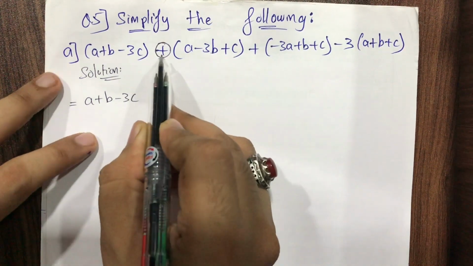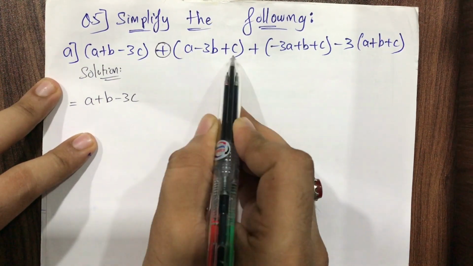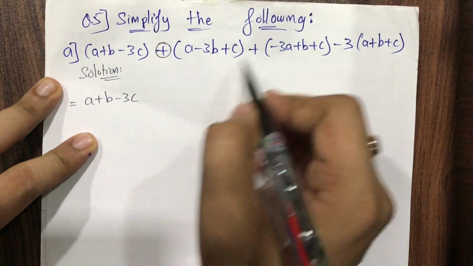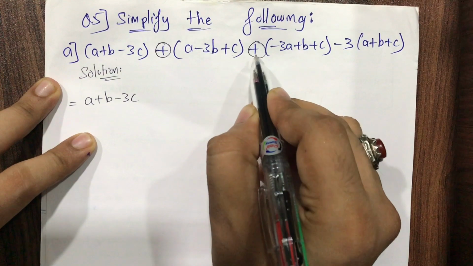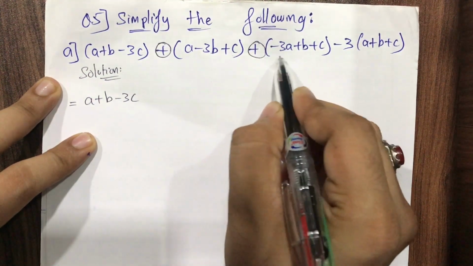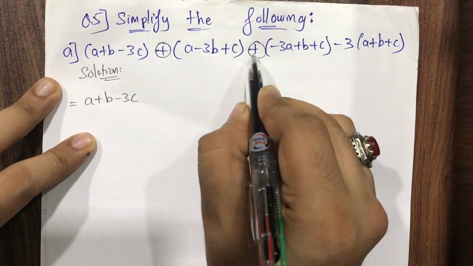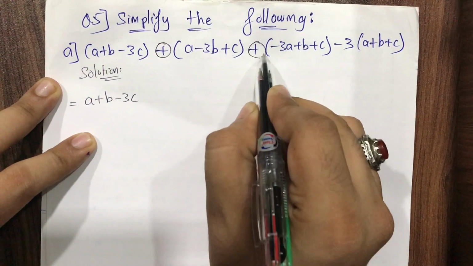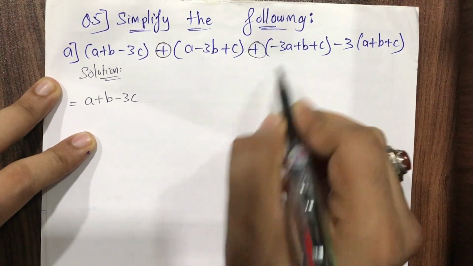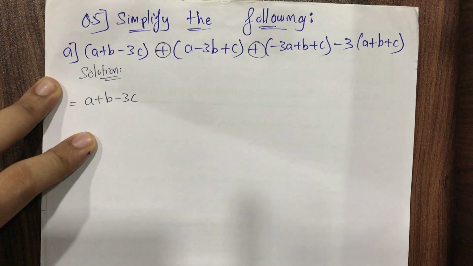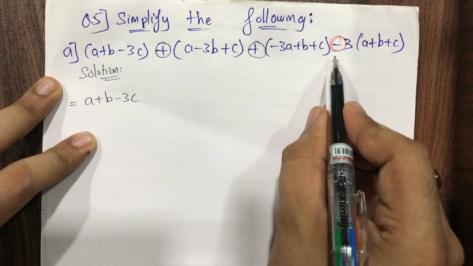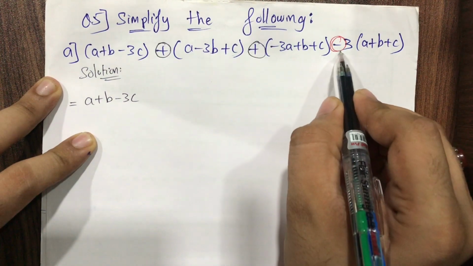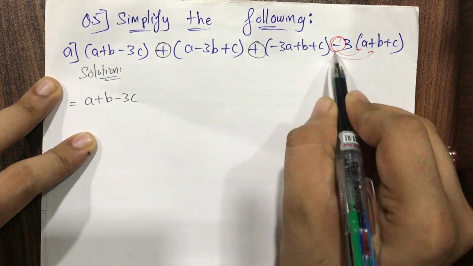Similarly, here I have plus, so I will just copy whatever the expression is, because whenever we have plus outside any bracket, there will be no change in the expression. We just have to copy. The only thing we have to take care of is this minus sign, because it will change the sign of all the 3 terms inside this.